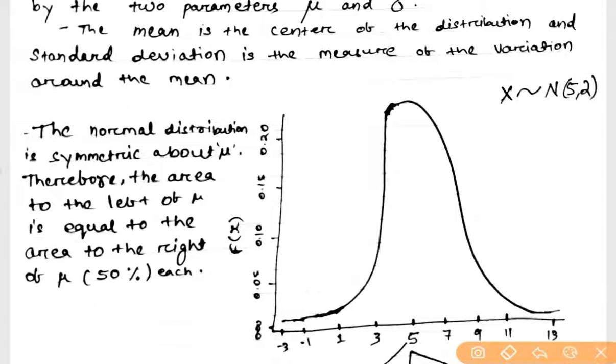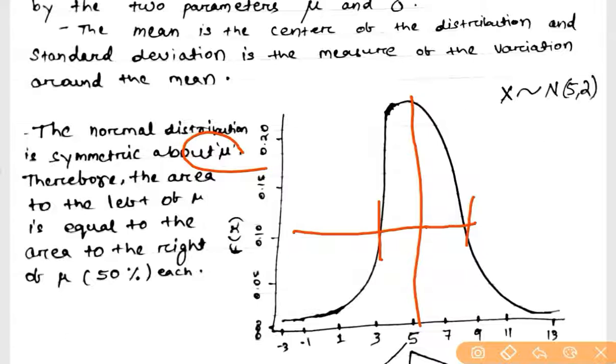Mu is our mean, and in a normal distribution, if this is the mean, the distribution is symmetric. Symmetric means this side is equal to this side. These two are the same, so this is a symmetric distribution around the mean.